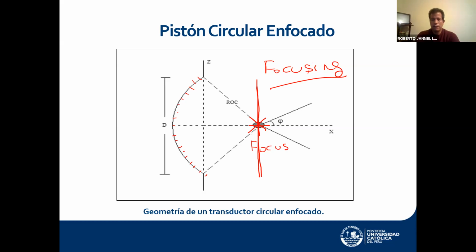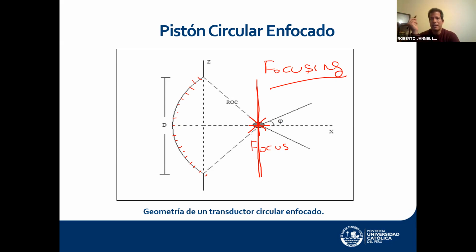If you curve the surface of your transducer such that every point in the surface is at the same distance to a point that we call the focus, then for the plane that passes through the focus, far field expressions are valid. And you know, there are so many complicated ways of explaining to you why that happens.